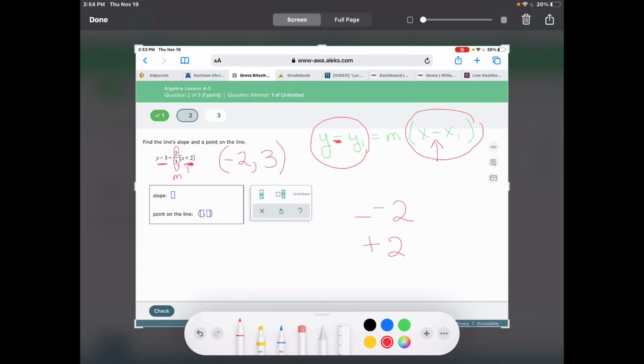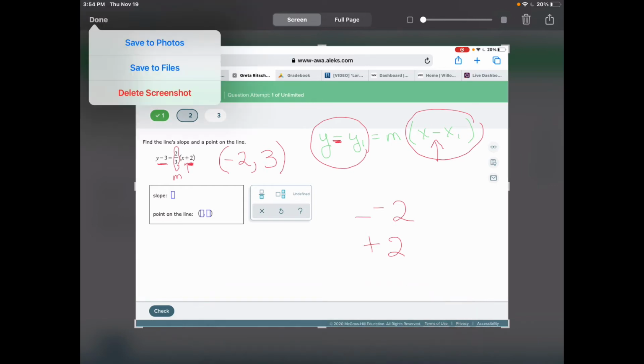So in effect, the numbers are going to be exactly the opposite of what you're seeing. So if it says +2, you put -2, and if it says -3, you put a +3. So I have a slope of 2/3 and a point of (-2, 3).